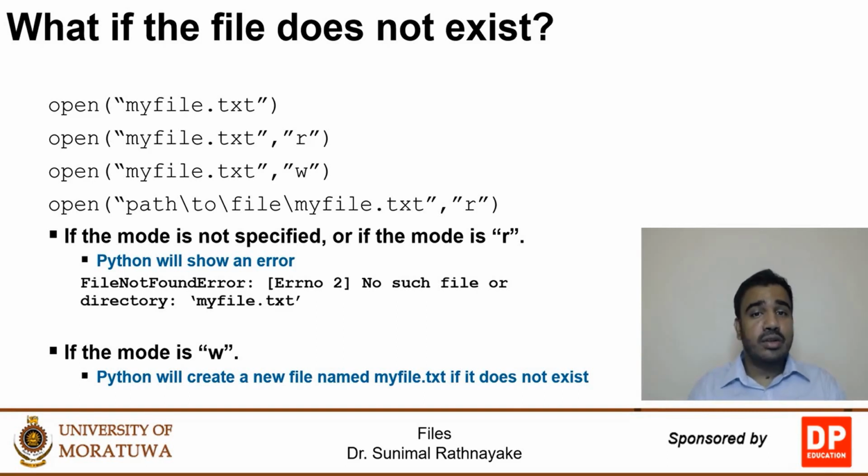If the file mode is read, Python will show an error saying that the file cannot be found. If the file open mode is W or write, Python will create a new file named with the file name specified if it does not already exist.